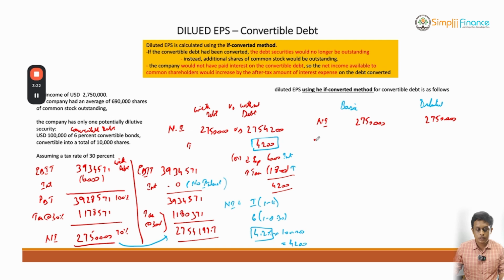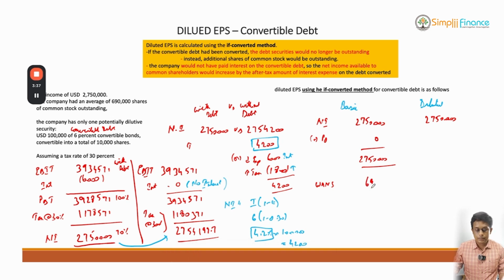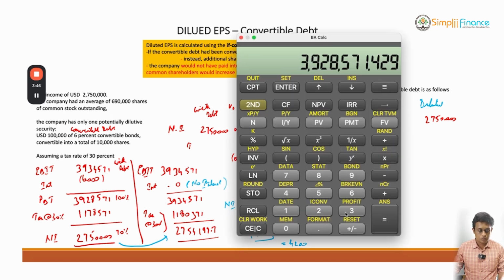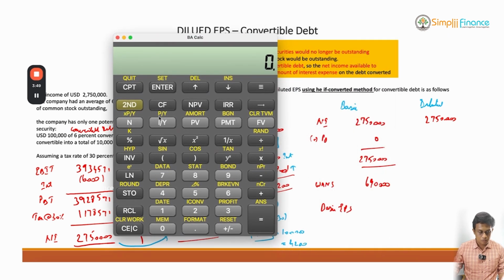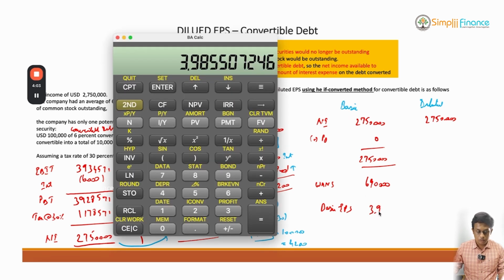There is no preference dividend here, and the weighted average number of shares outstanding is 690,000. So the basic EPS is 2.75 million divided by 690,000, which is 3.98.